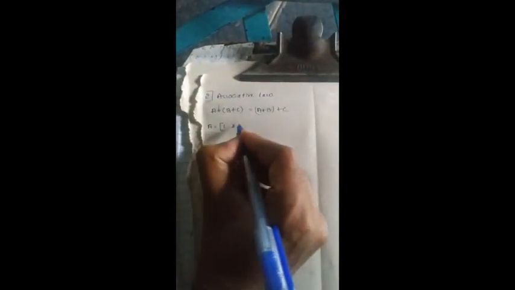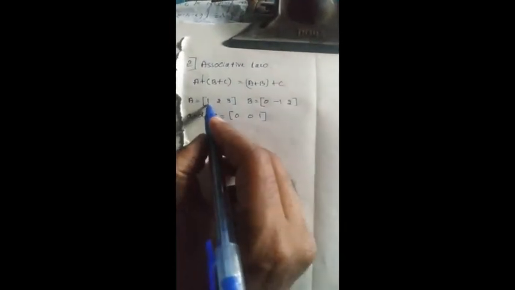Matrix A is equal to 1, 2, 3. Matrix B is equal to 0, minus 1, 2. And matrix C is equal to 0, 0, 1. So what is the order of matrix A? It is 1 row, 3 columns. This is also 1 row, 3 columns, and this is also 1 row, 3 columns.